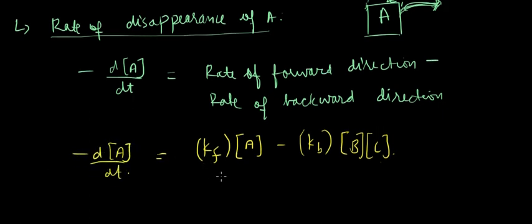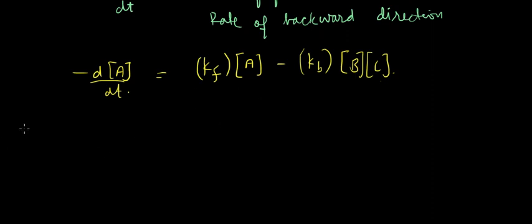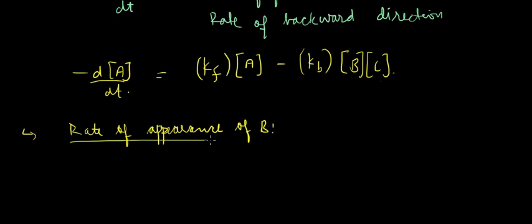Now let us talk about the rate of appearance of B. So rate of appearance of B would be nothing but how much B is getting formed from the reactants, minus how much B is getting reverted back to form reactants again.